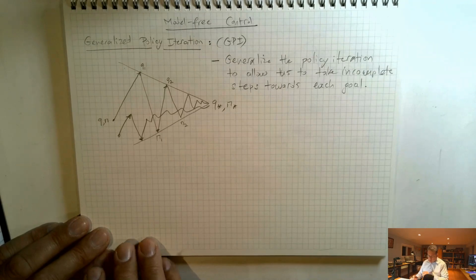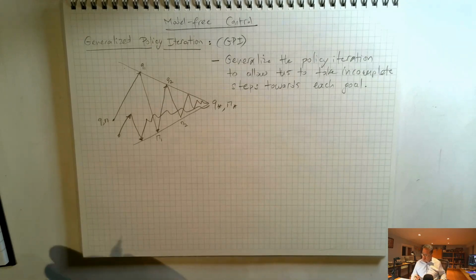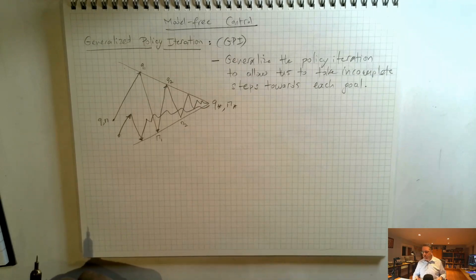So this kind of generalization, and the proof that this converges, is basically what GPI will do for us. And as we'll see, the algorithms that we will be dealing with, which will be called model-free control, come under that kind of umbrella.